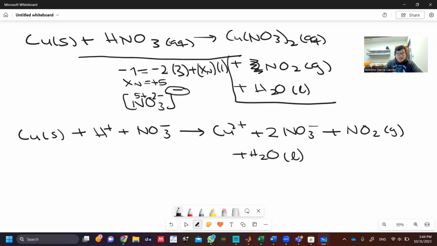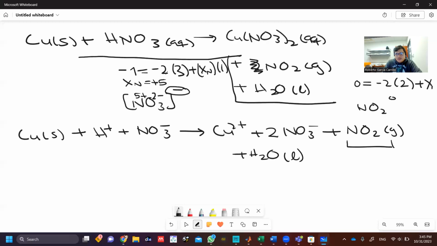If we do the same for the nitrogen dioxide molecule, it has a charge of 0, and that means that all the added charges should be equal to 0. For oxygen it is 2-, same as before, times 2 oxygens, and only one atom of nitrogen.